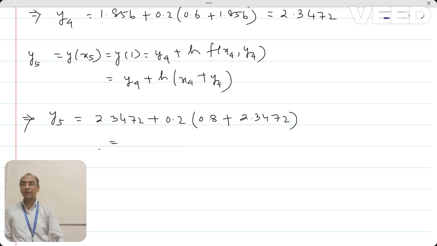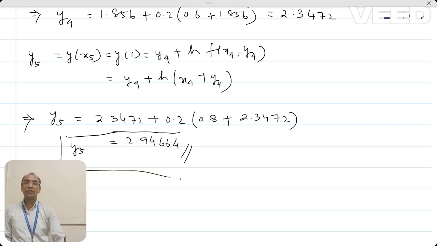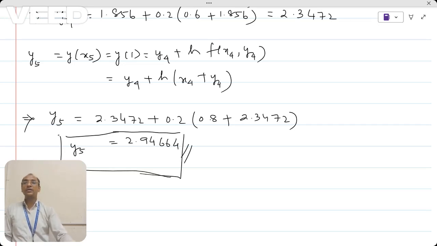If you simplify it, you will get the value of y5 as 2.9466. So here you stop your algorithm. This is the value of y at x equal to 1. So this is the Euler algorithm to find the solution of an ordinary differential equation.